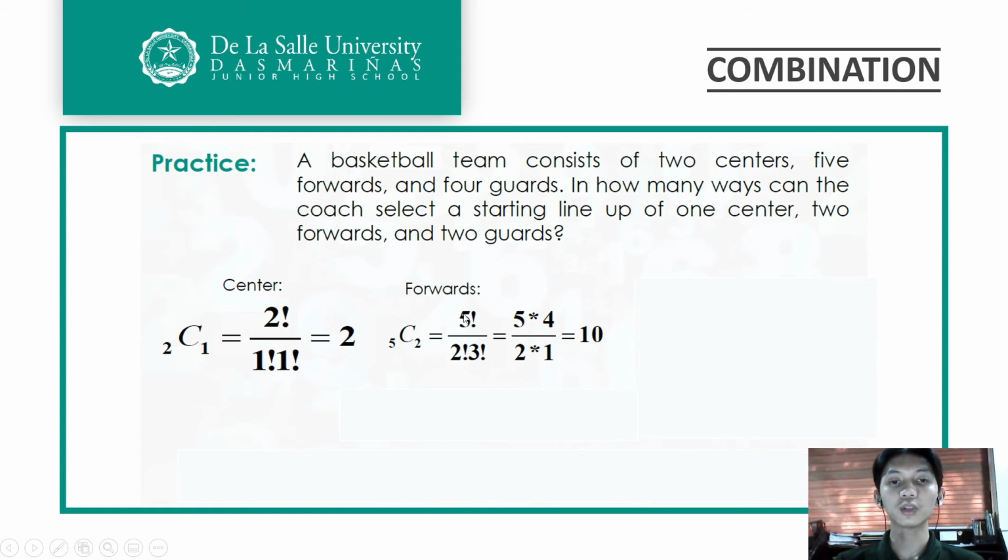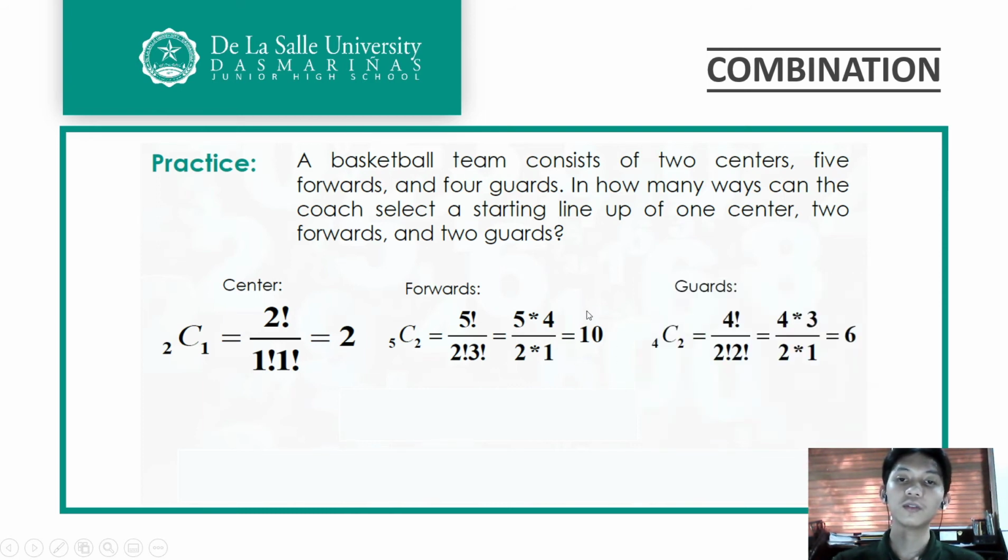So you'll get 5 factorial over 2 factorial times 3 factorial, which will give you 10. And for the guard position rather, you have 4 options, but you must choose 2. So you have 4 factorial over 2 factorial times 2 factorial, then you get 6.